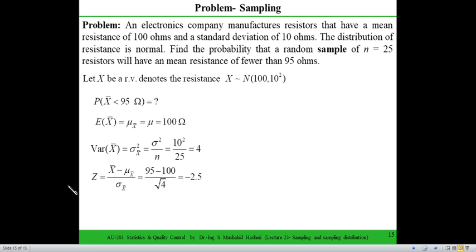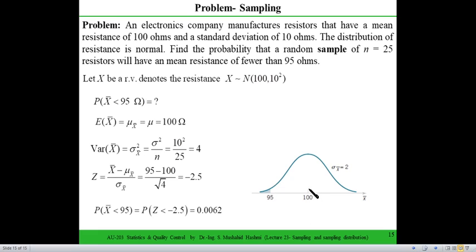So you can calculate the z value, and from the table the corresponding probability. When X bar is 95, then z is minus 2.5, and only 0.62% is the probability that your sample mean would be less than 95 ohms.